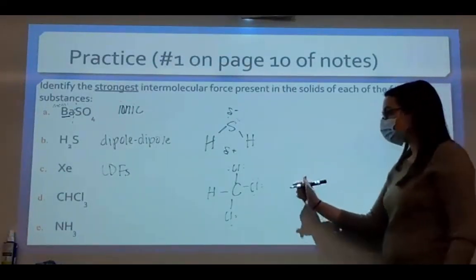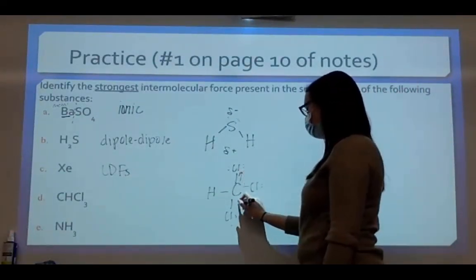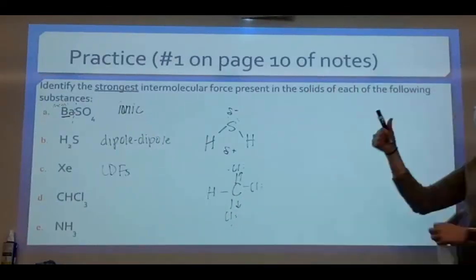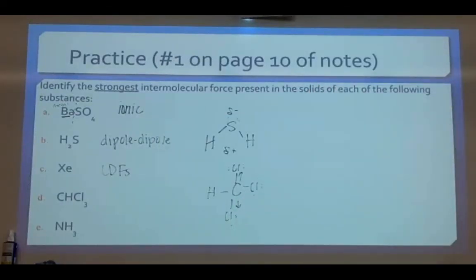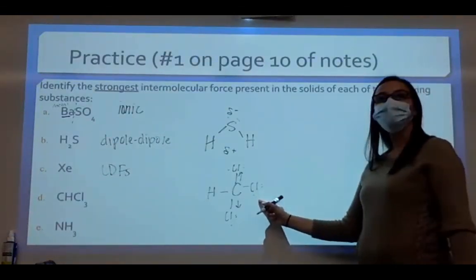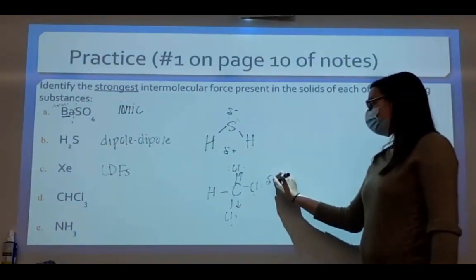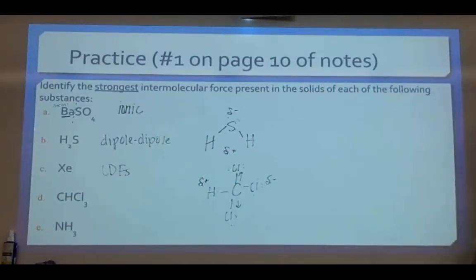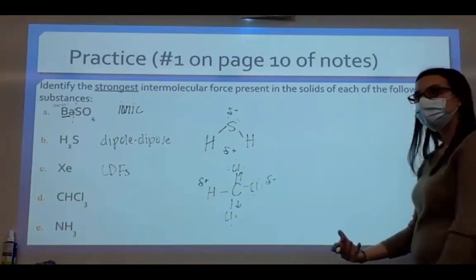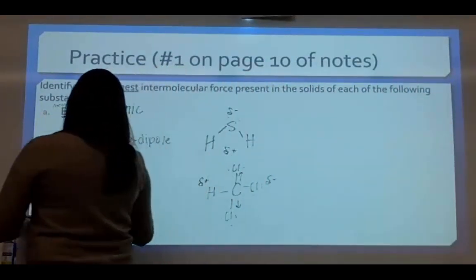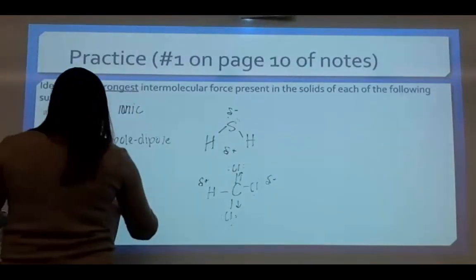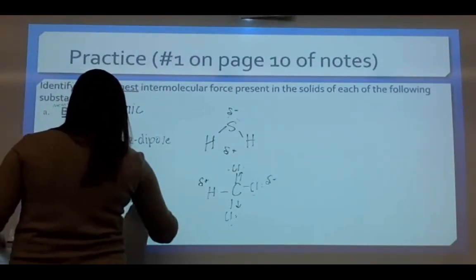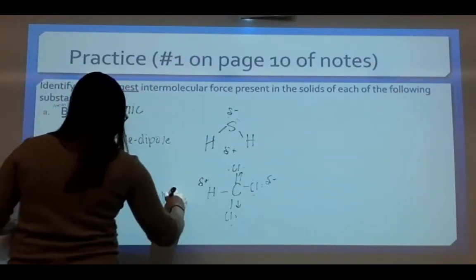Well, these aren't all the same. So although 2 of the C-Cl bonds will cancel, there's nothing to cancel out this C-Cl bond. So we're going to have a partial negative side and a partial positive side. When you have these partial positive, partial negative sides, this creates a polar molecule, which is dipole-dipole.